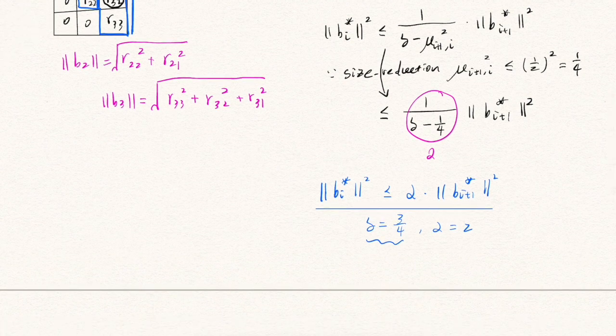So what it's intuitively saying is the Gram-Schmidt vectors don't drop too sharp, okay? Don't drop too fast.